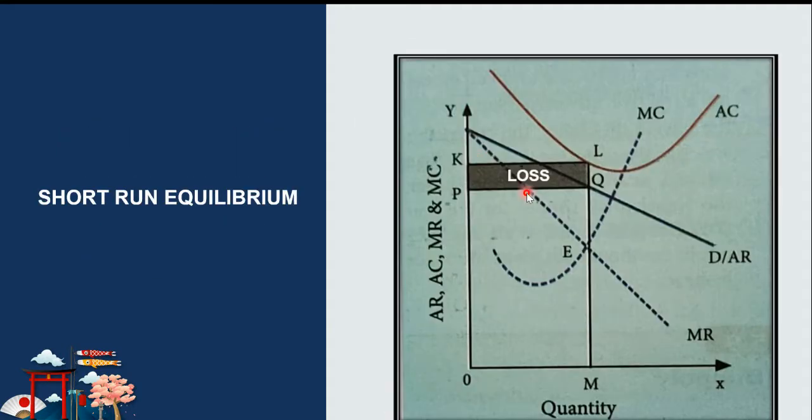Let us see the loss incurred during the short run in monopolistic competition. We have the AR curve and the MR curve. So at differing prices, a firm can incur even loss. This is the AR curve and this is the MR curve. The difference here is the AC curve is above the AR curve.